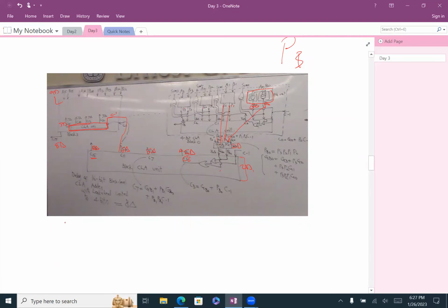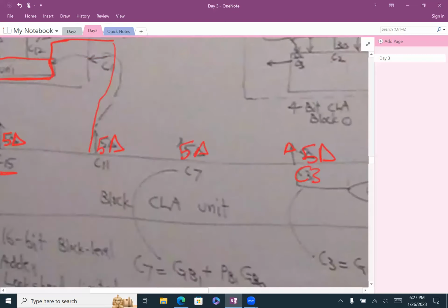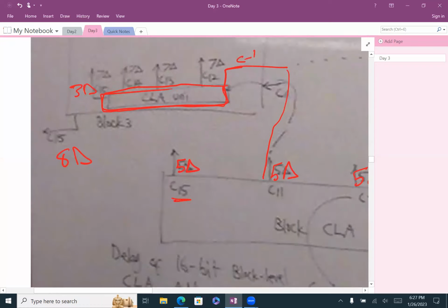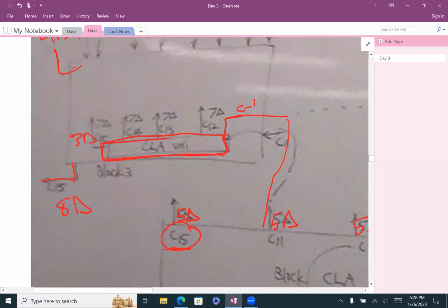Okay, so talk about this one. Yeah, but by the end, it's coming from here or from here. But the point is not about the 15 itself. The point here, remember, this block, you need the C-1.